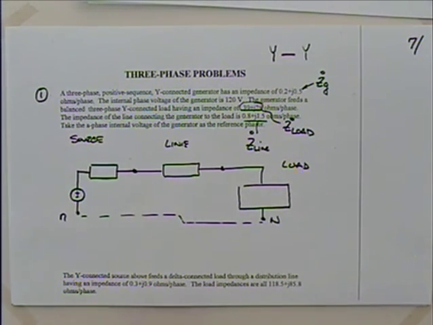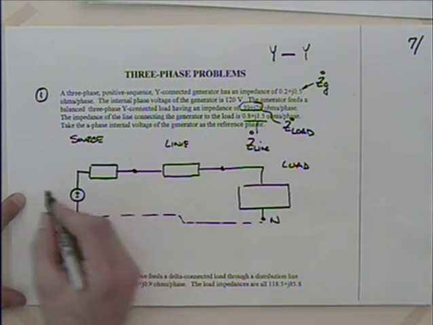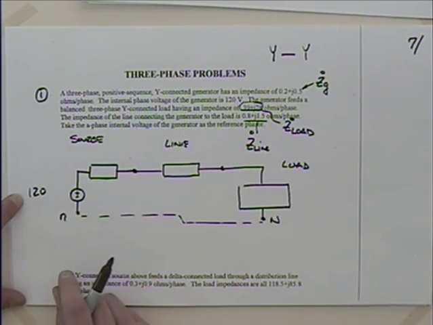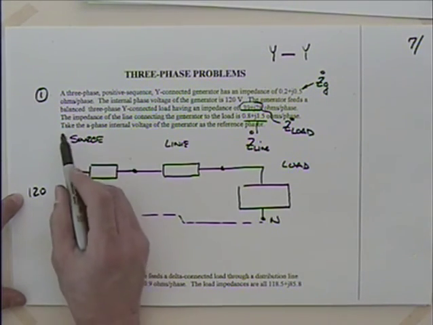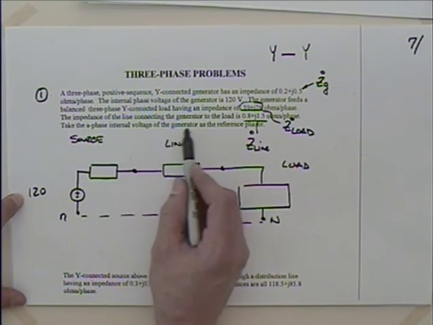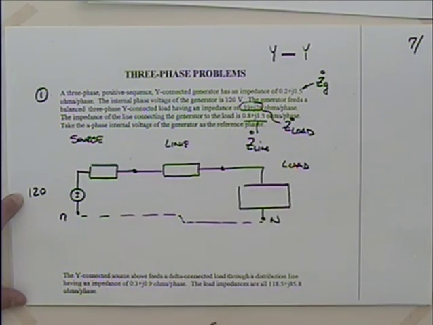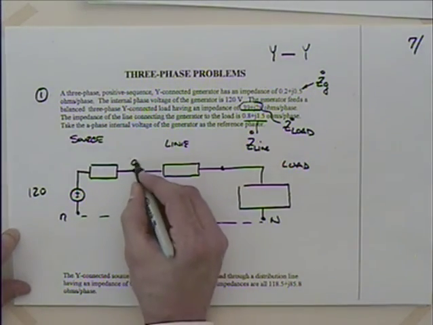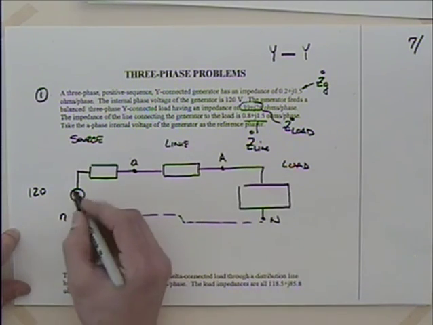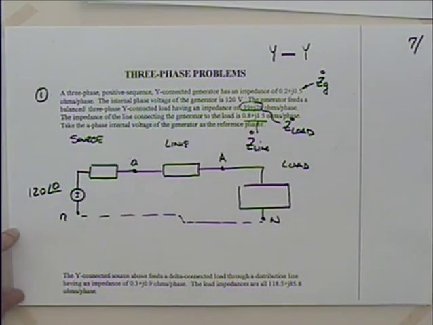So what's our internal source? It's 120. What's this business? Take the A phase internal voltage of the generator as the reference phasor. What's that mean? Yeah, if we're going to say that this is A and this is A, then this is 0. Okay, so we'll just reference that to 0.